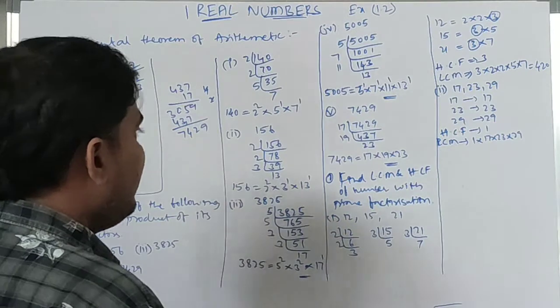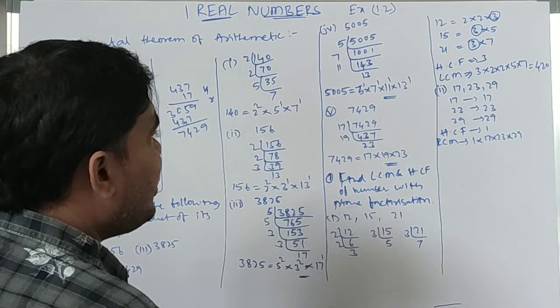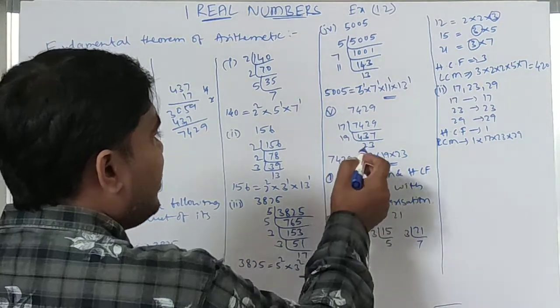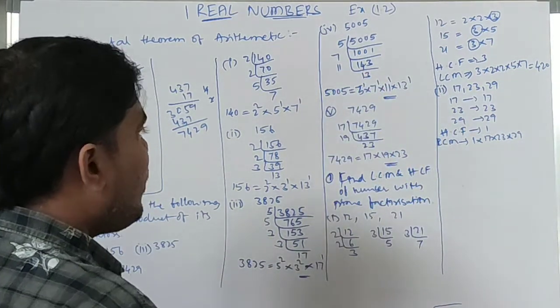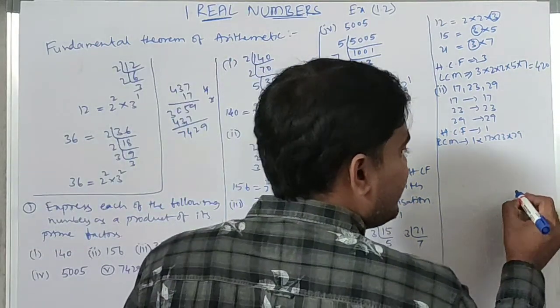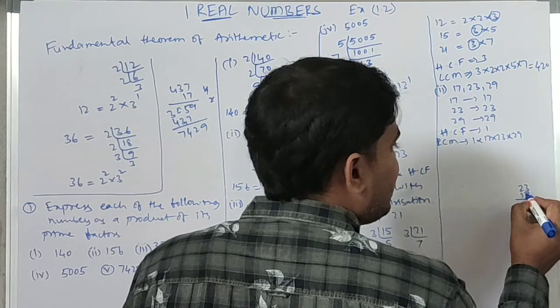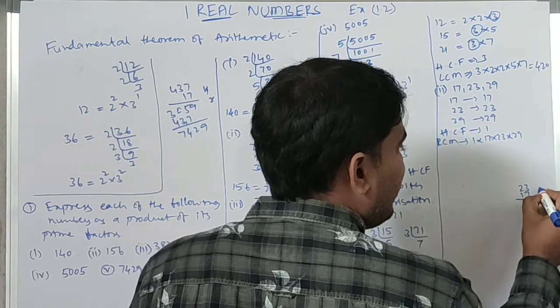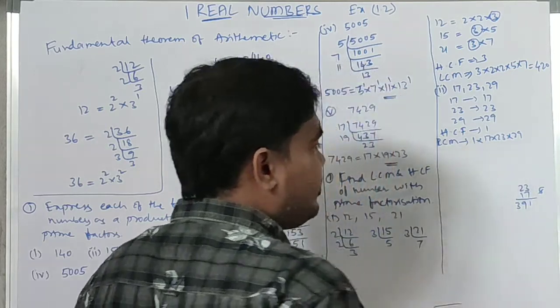We already computed 17 into 23, but we need 17 into 23 into 29. 17 into 23: 17 into 3 is 51, 17 into 2 is 34 plus 5 is 39.